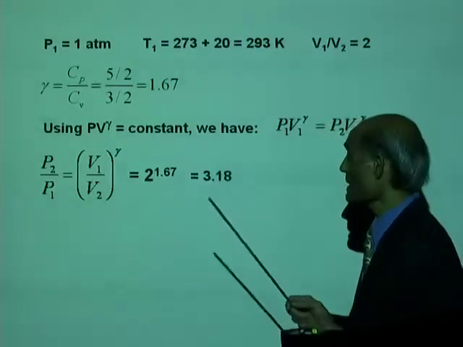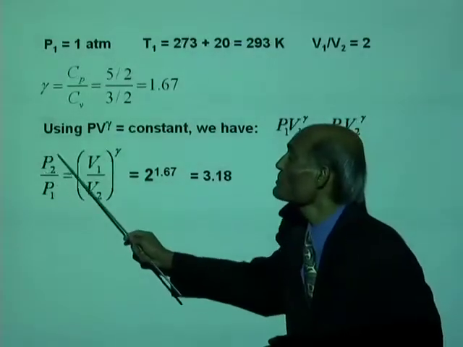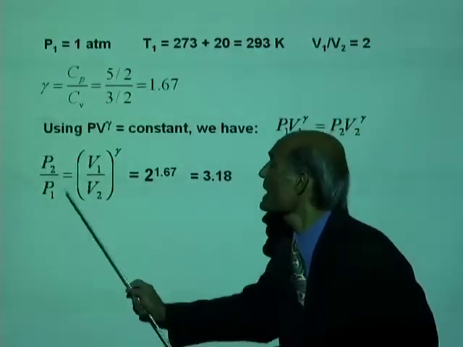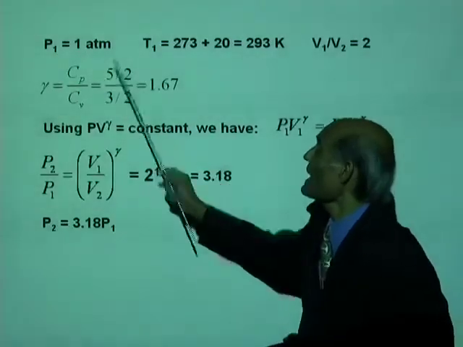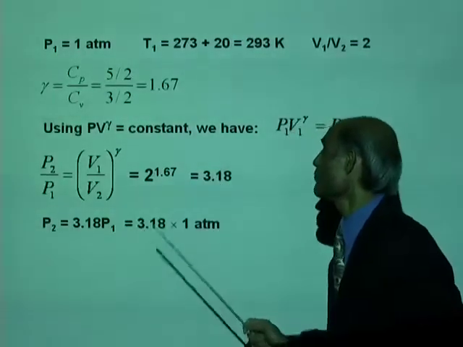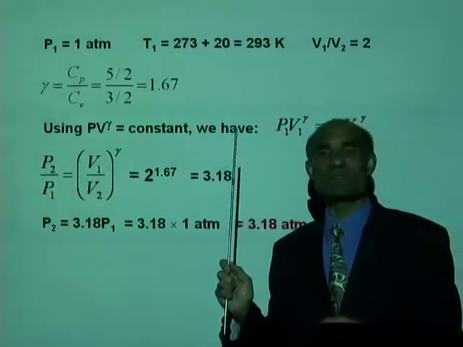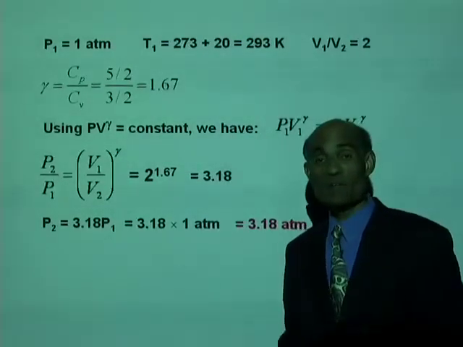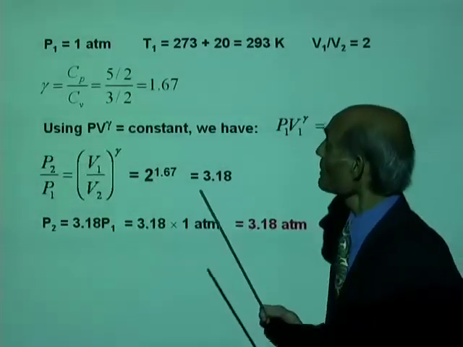Use a calculator for that, that is 3.18. Therefore P2 is 3.18 times P1, and P1 is 1 atmosphere, therefore P2 is 3.18 atmosphere. Okay, that's a very neat way to solve problems like this.